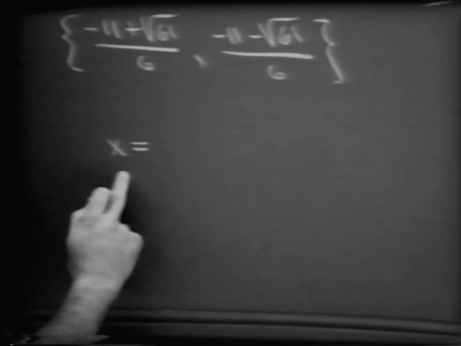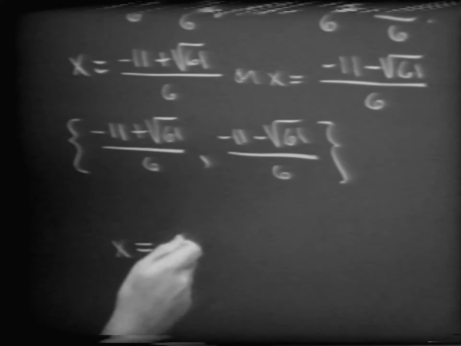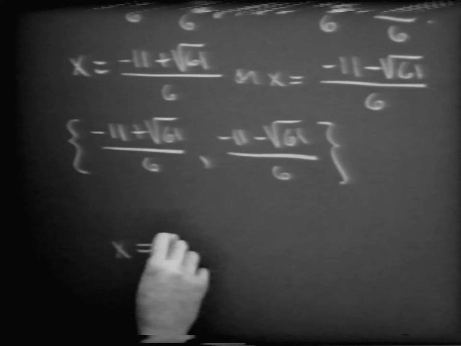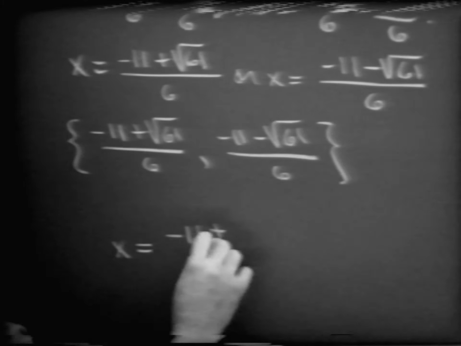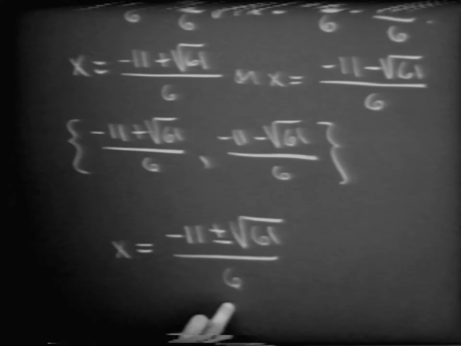There's another way in which some people write this, which I think is worth our doing. And let's write this in a somewhat compact format. I'm coming back to this line here and compressing the two into one statement, in which some people write it as negative 11 plus or minus the square root of 61 all over 6, okay?